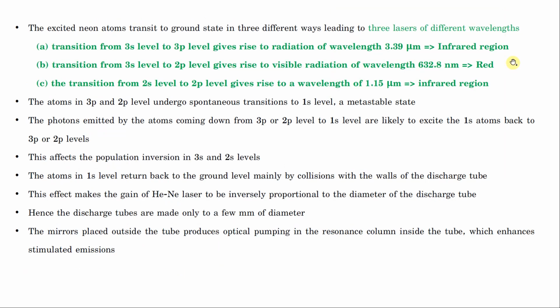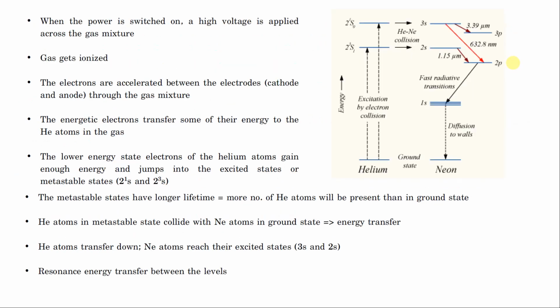There are three ways in which it can go. From the level 3s to 3p, they can undergo a transition and release photons of wavelength 3.39 micrometer, which falls in the infrared region. From 2s to 2p also the transition can happen and produce photons of wavelength 1.15 micrometer.